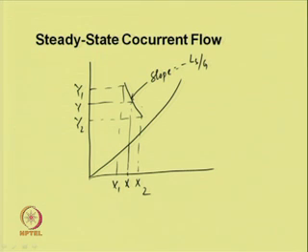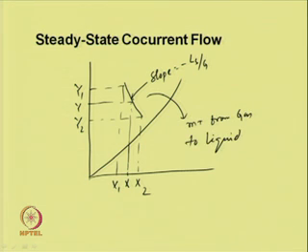So, the operating line will be above the equilibrium line if this is mass transfer from gas to liquid phase.